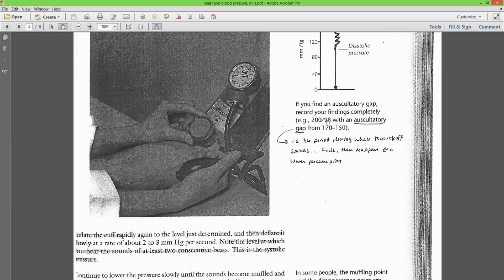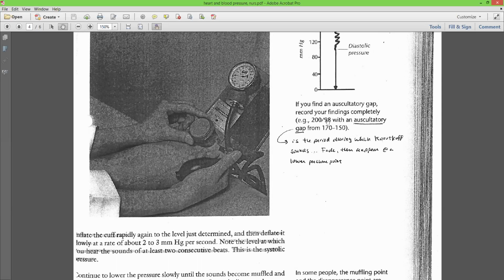The last sound that you hear is diastolic, and that goes on the bottom of your fraction, in the denominator. So 200 over 98 is high blood pressure, by the way. If it's normal average, it would be like 120 over 80.